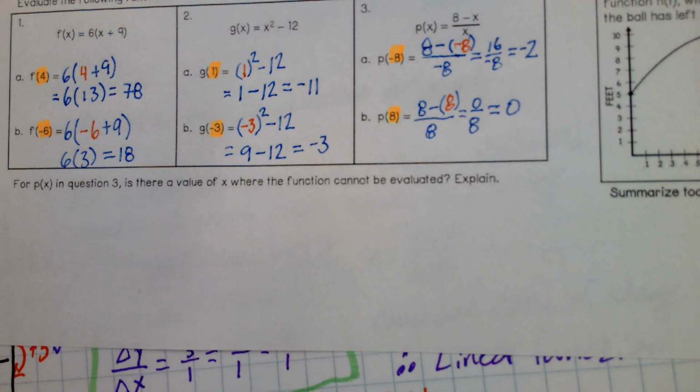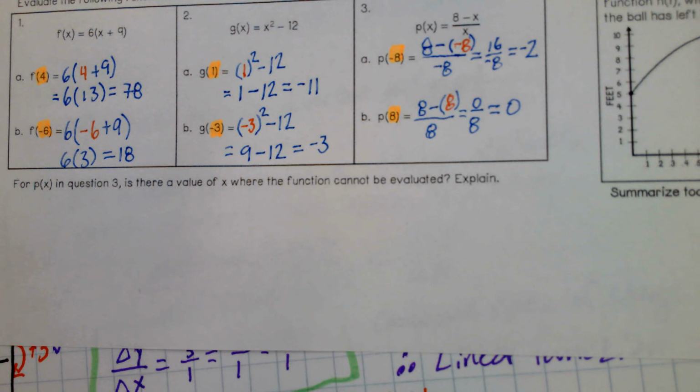All right. So for P of x in question 3, is there a value of x where the function cannot be evaluated? In other words, is there some number I can have for x where we wouldn't get an answer?